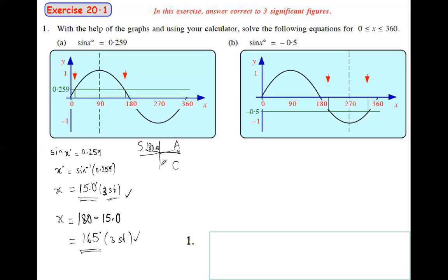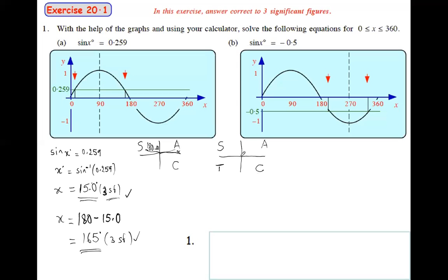So the interesting bit is, this time I've got sine x is negative 0.5. Is that positive or negative? Negative. So if I put CAST, can you tell me where sine is negative? Where it's not positive. So can you tell me where sine is not positive?